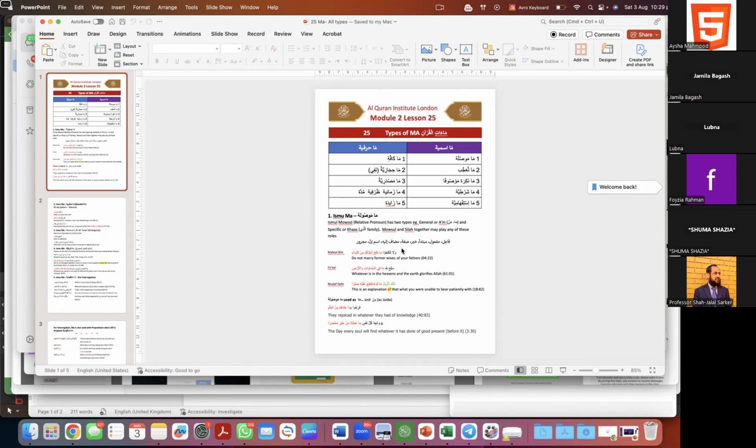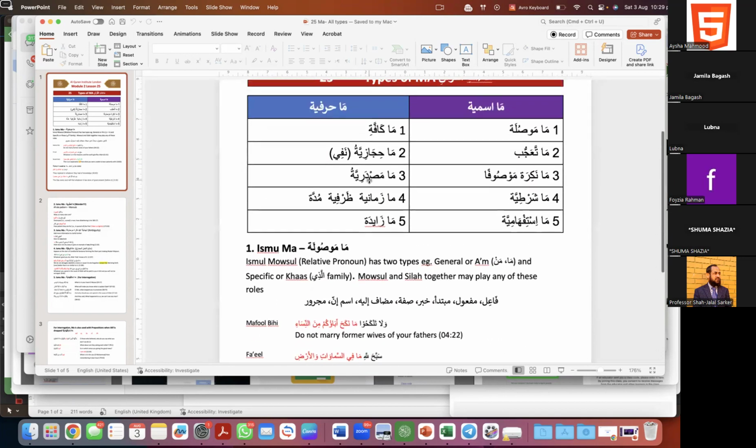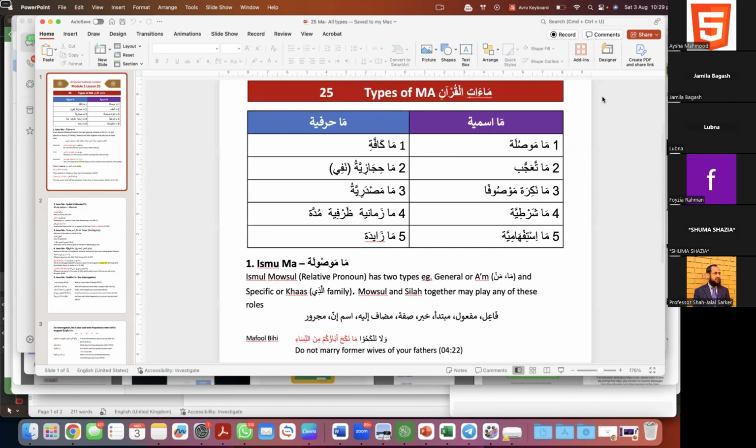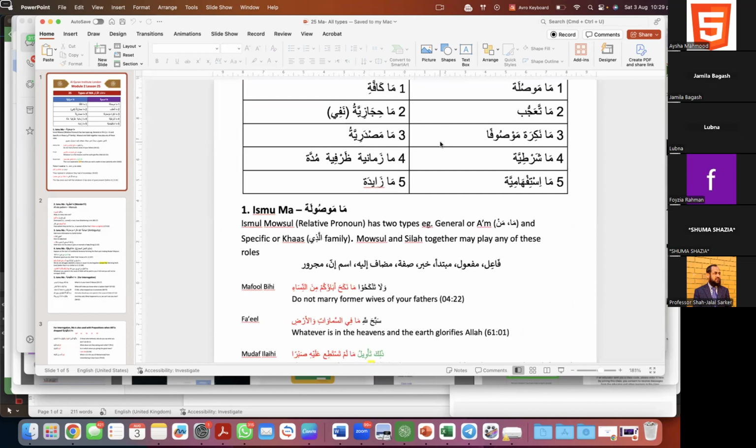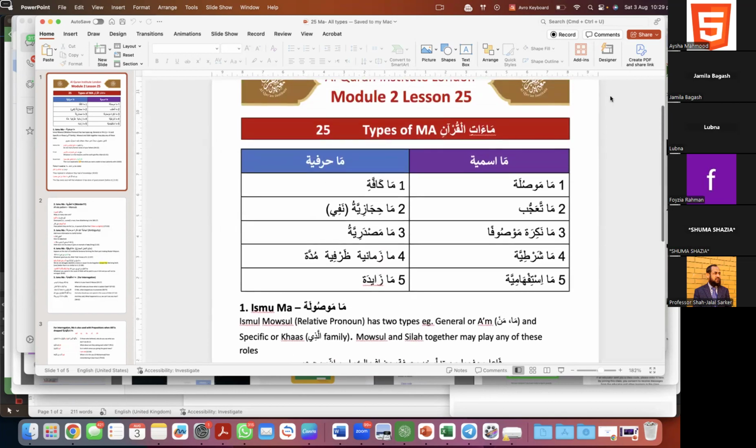Only two letters forming a word, which is ma, and so significant. It's very interesting once we really understand the power of this, probably the smallest word, ma, and its use in different forms, mashallah.